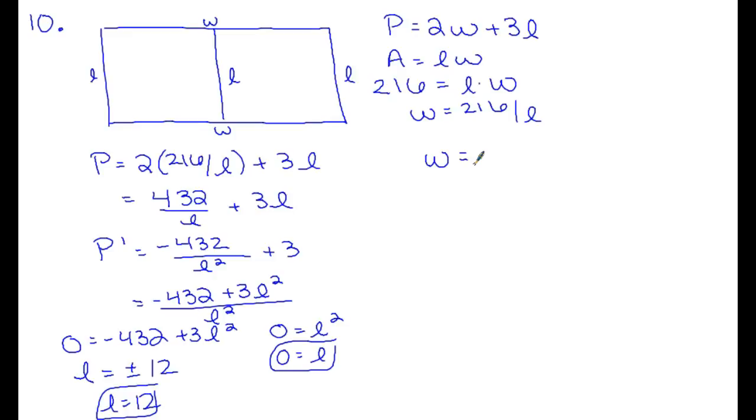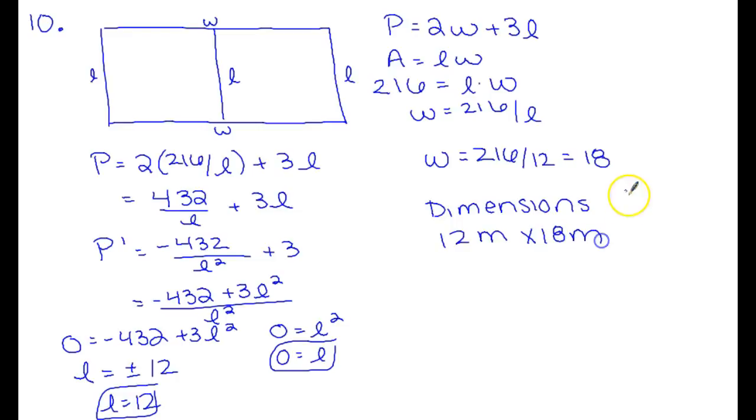I can plug it into area, or my already solved for W, and just do 216 divided by 12 and get 18. And then this was meters. So when it asks for your dimensions, I just wrote 12 meters by 18 meters.